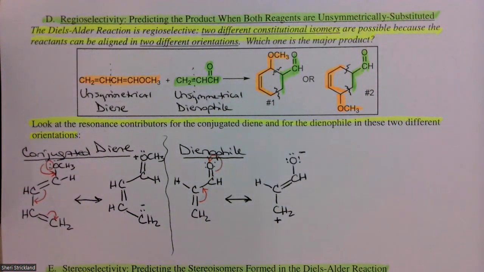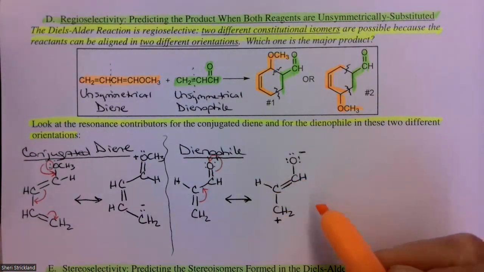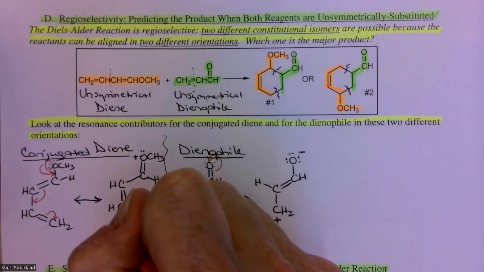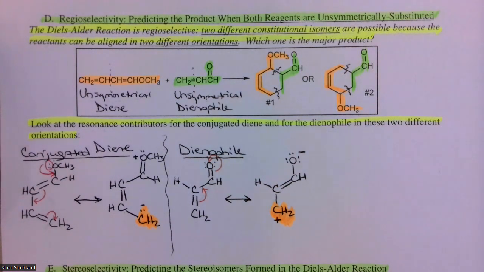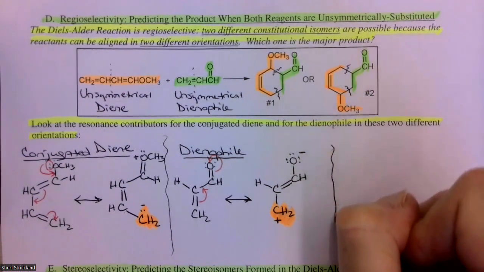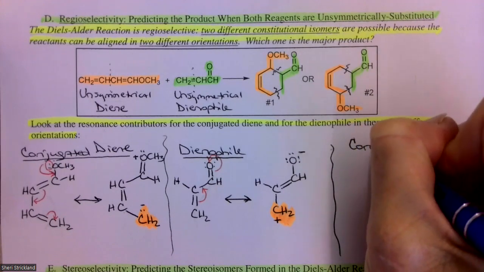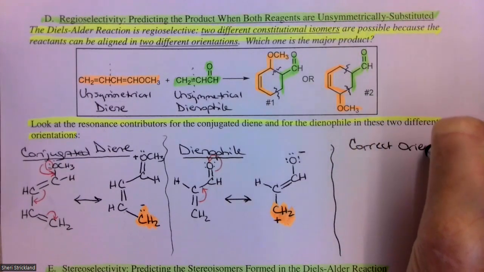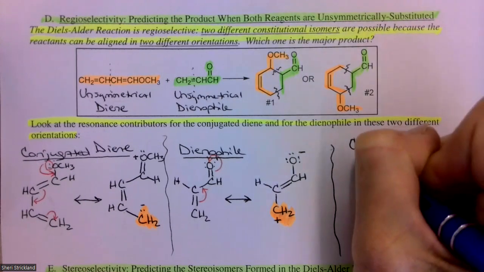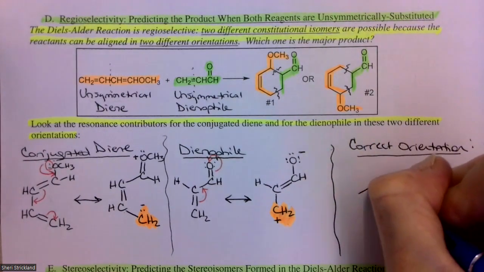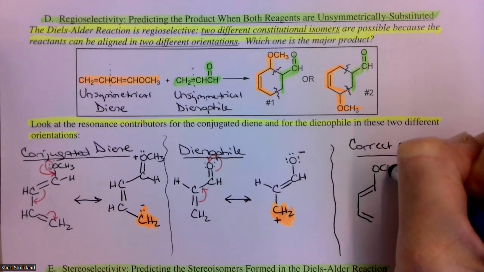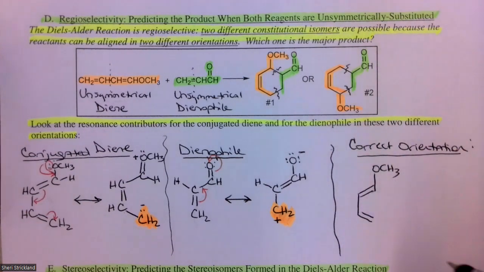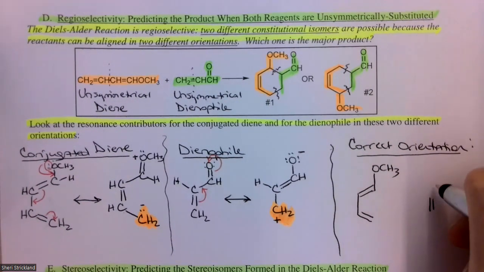So we're looking for the two atoms on the end of the diene and the dienophile that have opposite charges. So in that case, it's this one and this one. And so what that tells me is that the correct orientation will look like this. So now I'm just going to go back to the structures that I started with, the conjugated diene in its s-cis conformation, and then the dienophile just lined up right next to it.